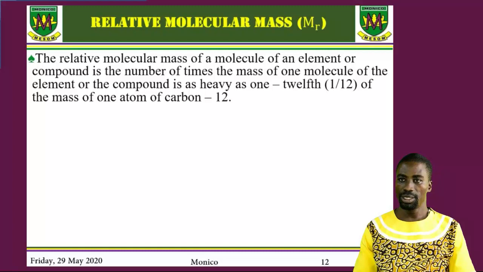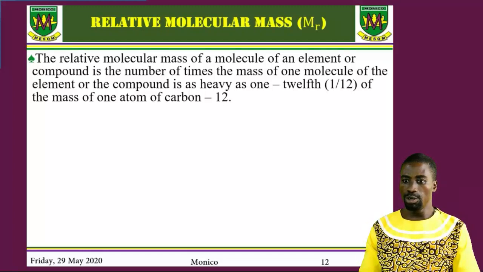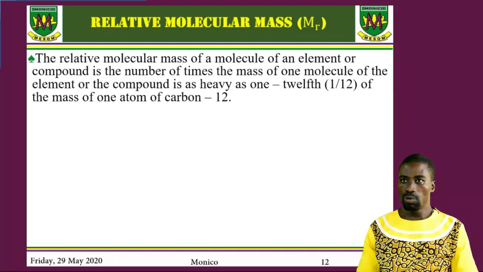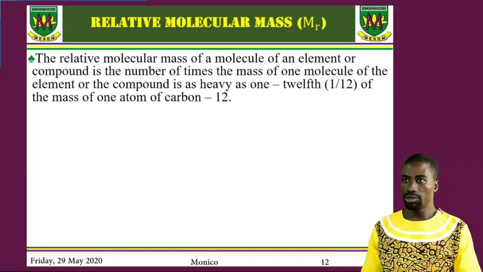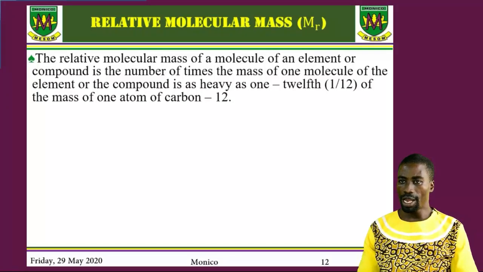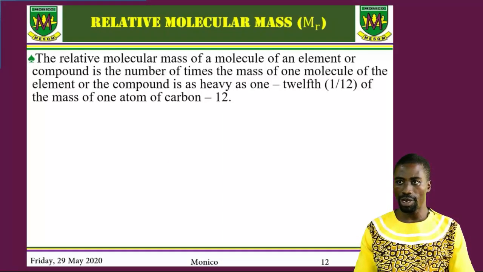As I told you, I'll be looking at it in detail. So we are saying that relative molecular mass of a molecule of an element or a compound is the number of times the mass of one molecule of that particular element or compound is as heavy as 1/12 the mass of one atom of carbon-12.